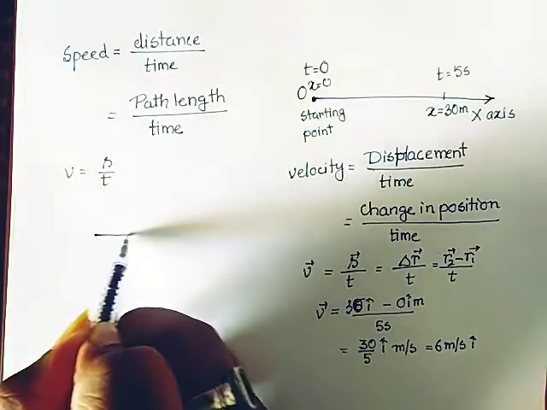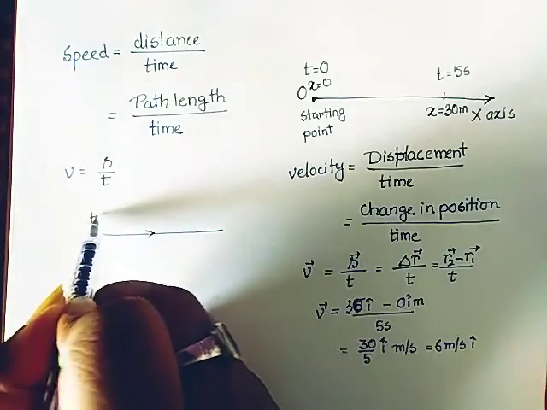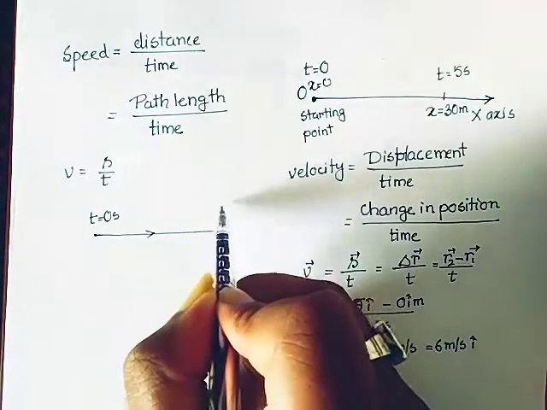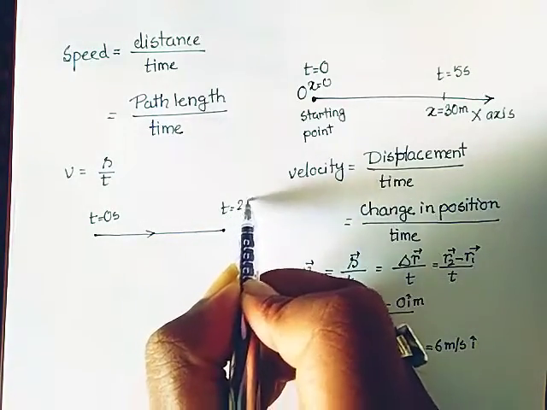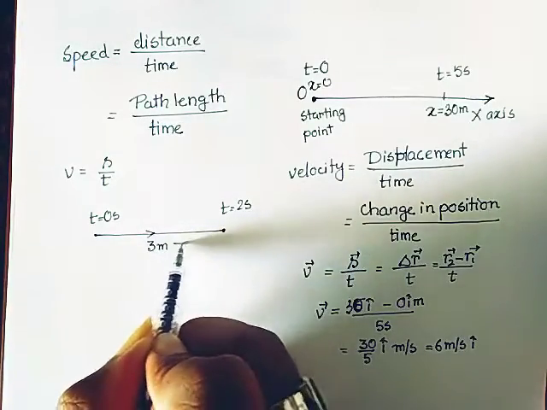So if I want to distinguish the difference between these two, we just take a scenario: a particle at t equal to 0 second is at this position, and it moves to t equal to 2 second in this position. The distance from here to here is 3 meter.